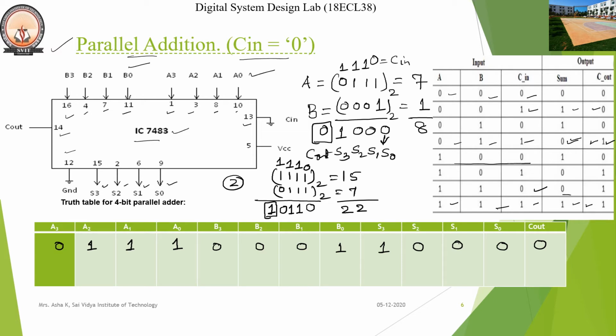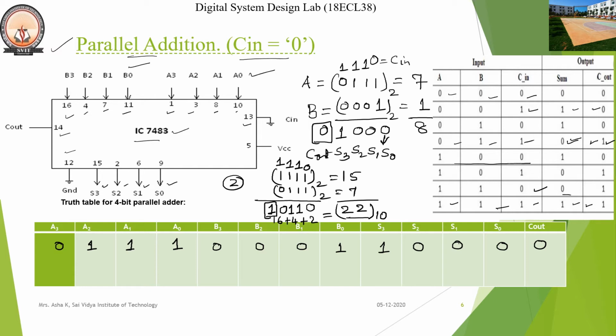Now if you convert this into decimal number system, this particular value is 16 plus this particular value will be having 4 and this particular value will be having 2. The total addition will give us the answer 22 in decimal and this is the correct answer.